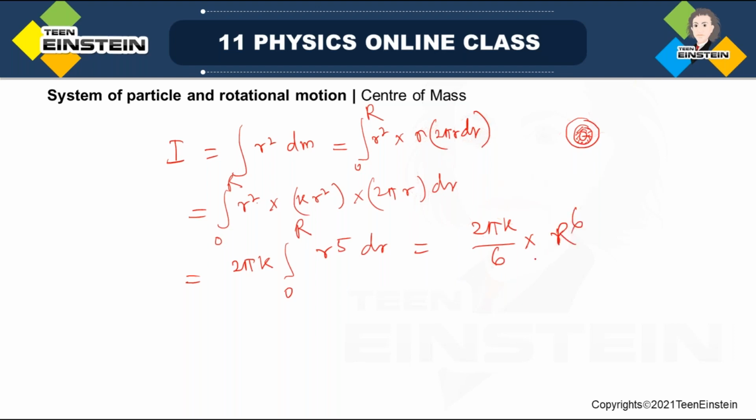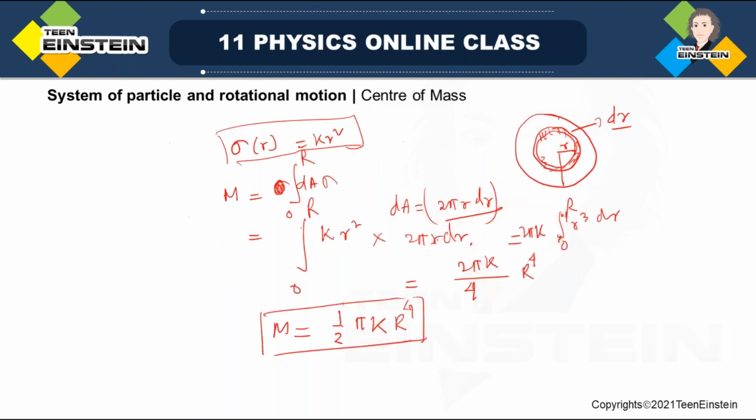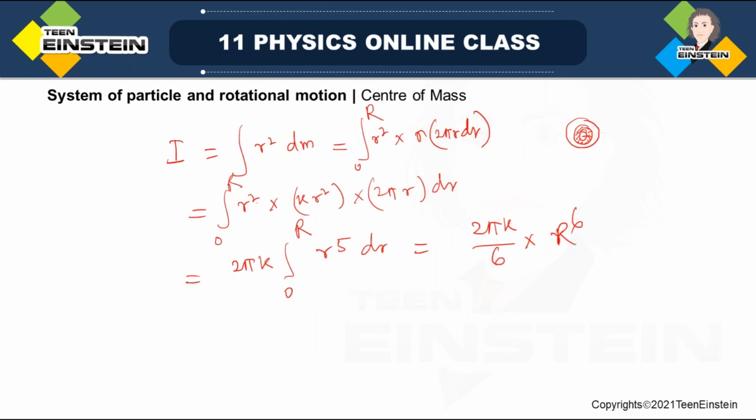We can make use of the value of capital M, pi k R to the power 4 by 2.